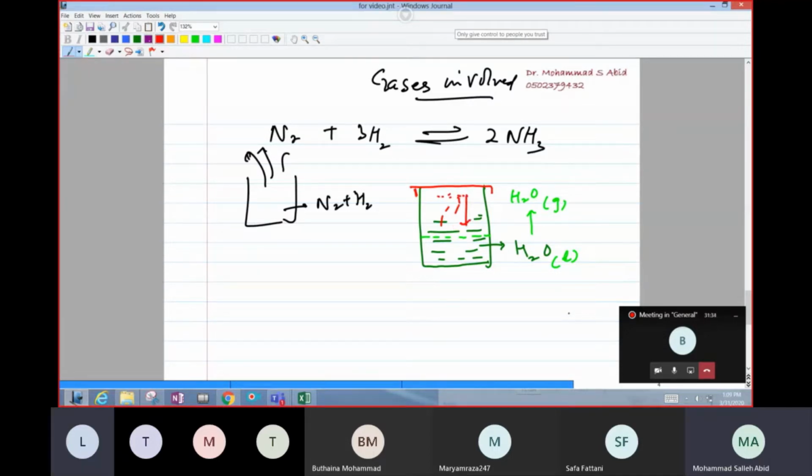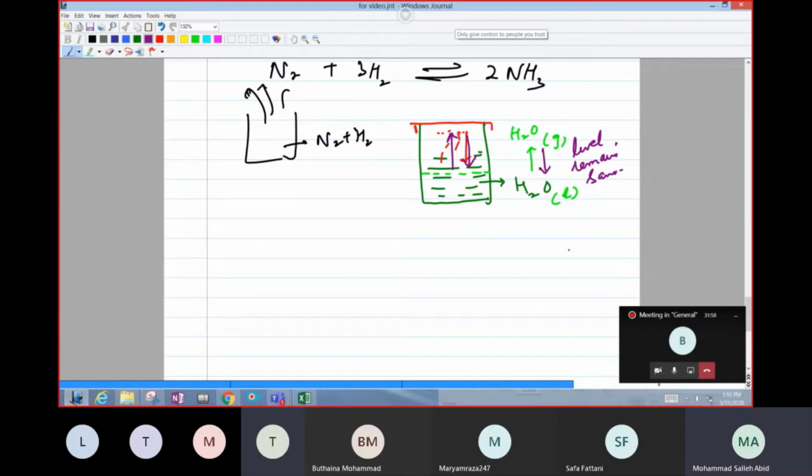So there are two processes taking place, this going over here as well as coming back. Is this clear? So a point will come where the level remains the same. Level does not change. And this is the point where the equilibrium is achieved. Did everyone understand? Okay.